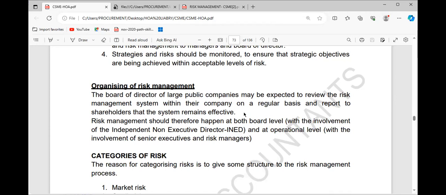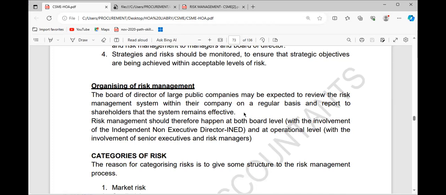Non-executive directors are also part of the directors. The directors should be divided into two: we have executive directors and non-executive directors. Non-executive directors are not into the running of the organization, the day-to-day running, and they are not collecting remuneration.